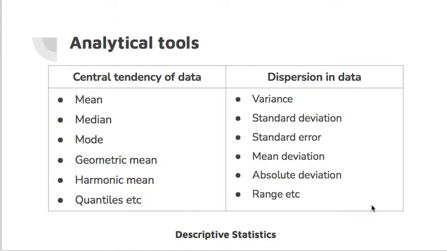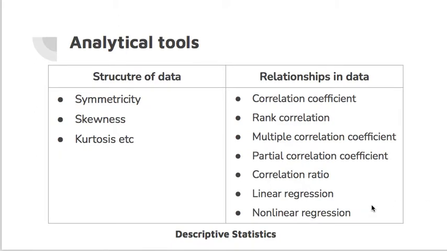And in addition to the analytical tools, there are two more things to find out. If you want to visualize the structure of the data or relationships in data, there is a list of tools available: symmetry, to know the data symmetry, and skewness and kurtosis.